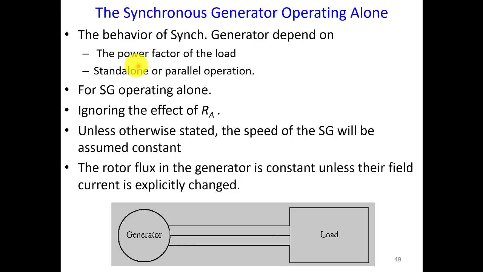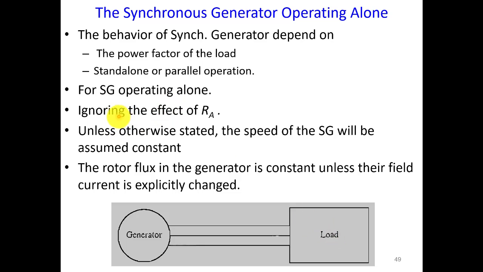The behavior of a synchronous generator depends upon the power factor of the load, because it could be a leading power factor load, a lagging power factor load, or a unity power factor load. So, standalone or parallel operation, but first we will look at the standalone operation.